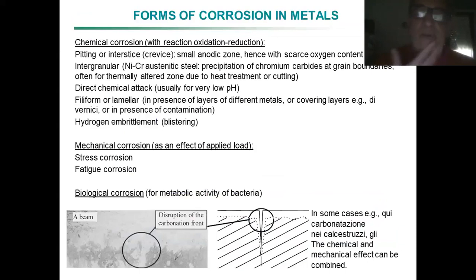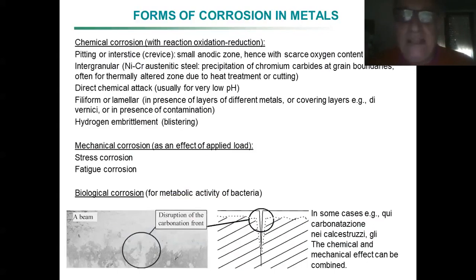Okay, we were talking last time about corrosion. Corrosion is a big problem. It's a big problem in metals, and it's a problem that leads in a number of cases, in the majority of cases, I would say, to the final failure of a metal structure.